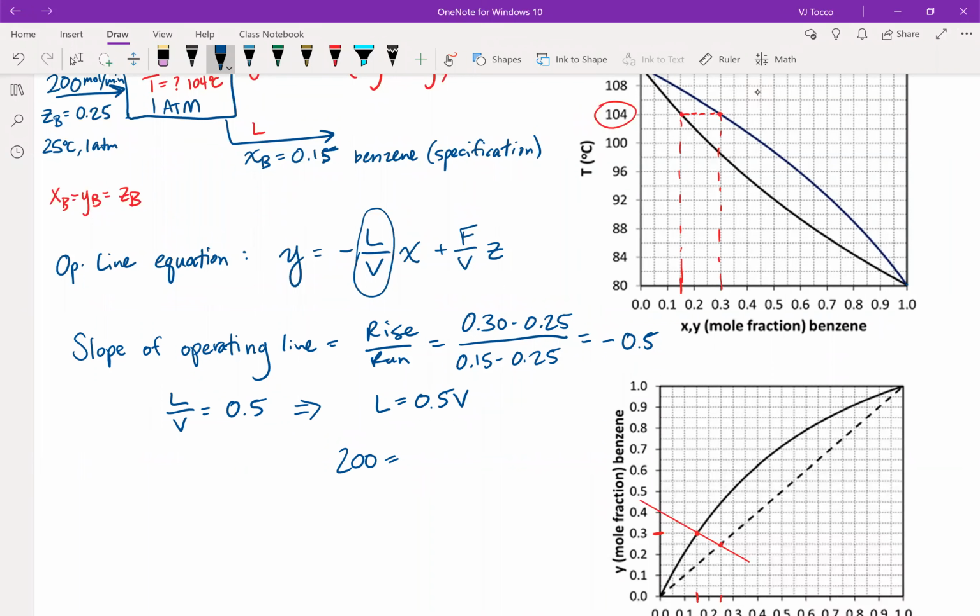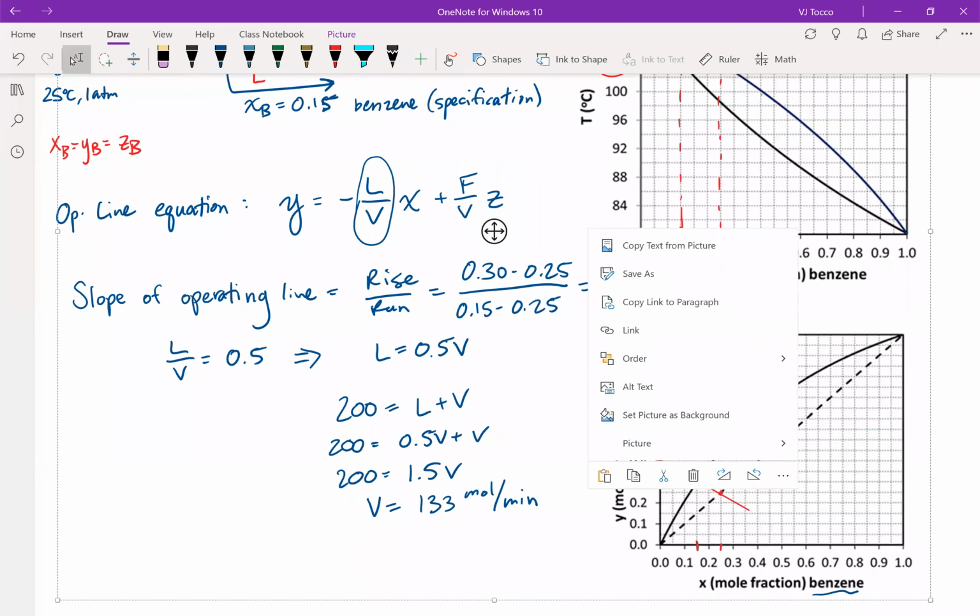So 200 is equal to L plus V, and I can substitute in for L: 200 is equal to 0.5 V plus V, so 200 is equal to 1.5 V, and finally V is equal to 200 divided by 1.5, or 133 moles per minute.